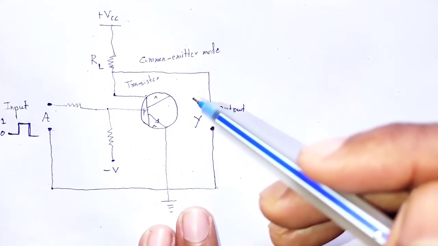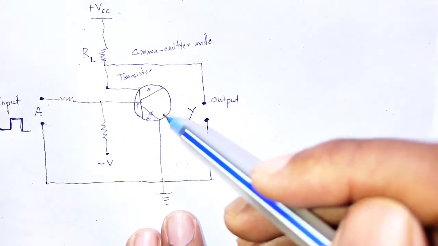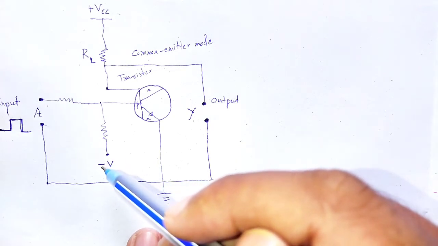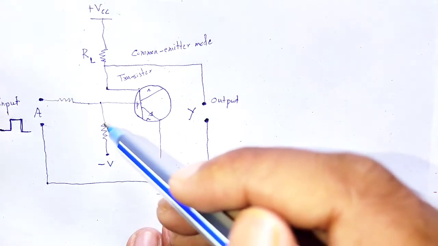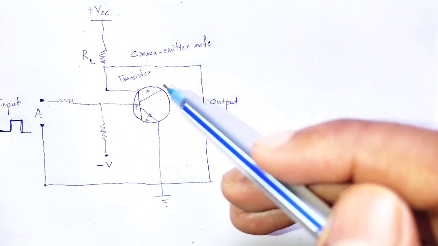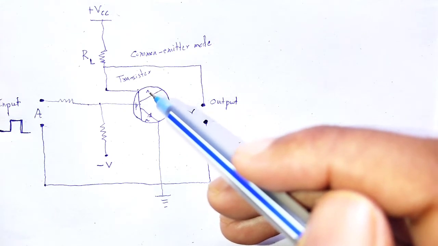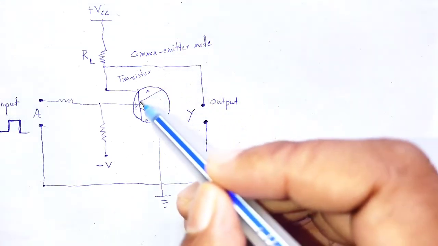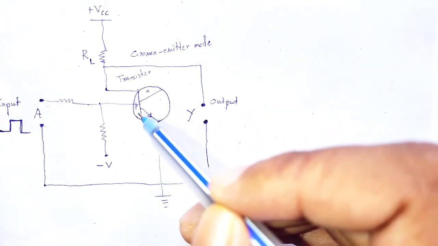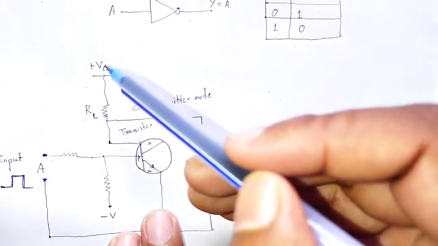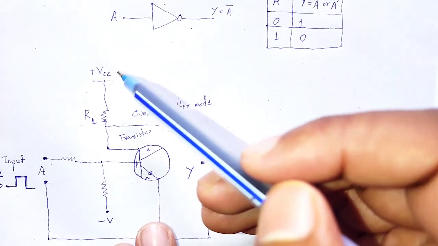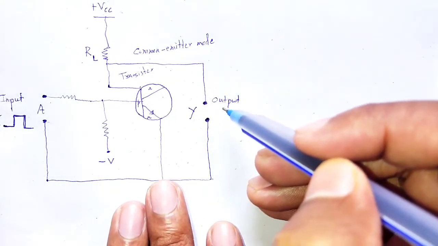Then the base of the transistor becomes negative in that situation. The negative potential drives the transistor to cut off condition. Hence, no current flows through the collector circuit. The supply voltage plus VCC is obtained at the output section.